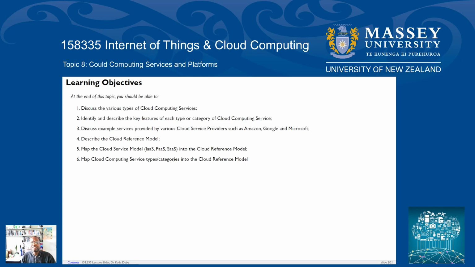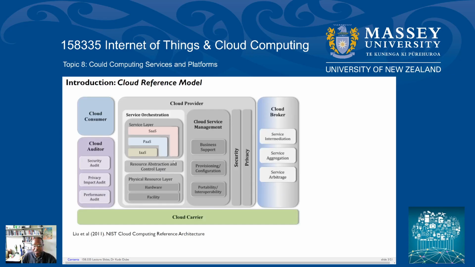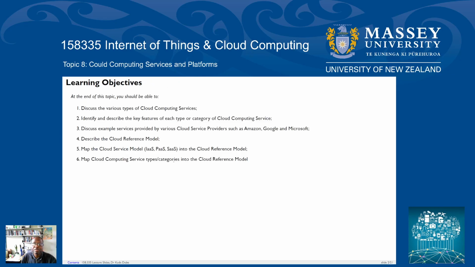And for the cloud computing service types and categories, we need to know how they relate to the cloud reference model. In that sense, we know that these cloud services are in the context of the reference model. So that allows us to do this.